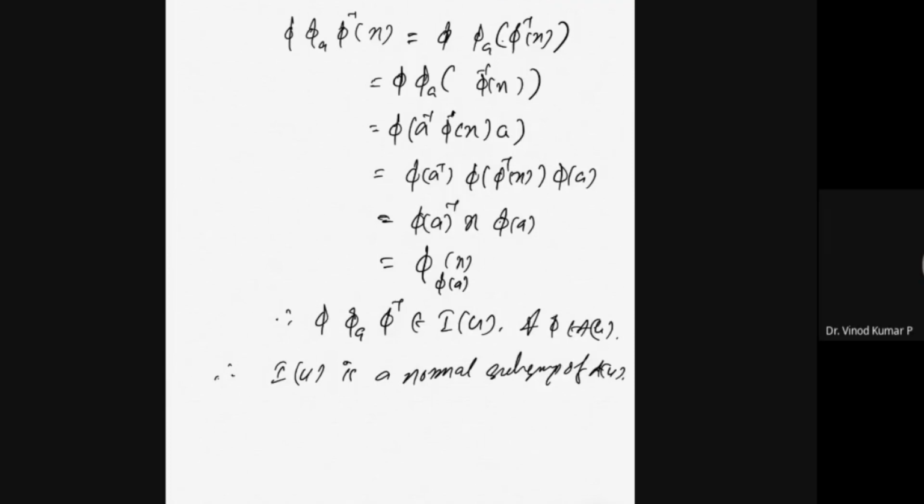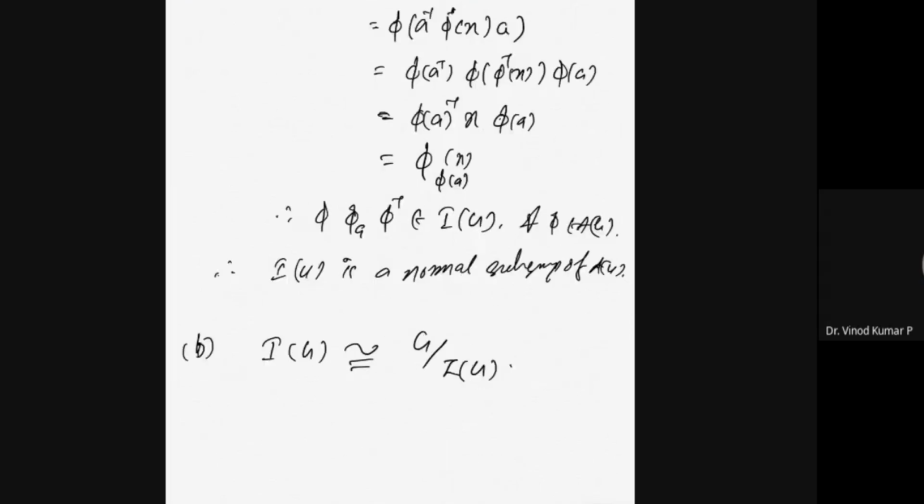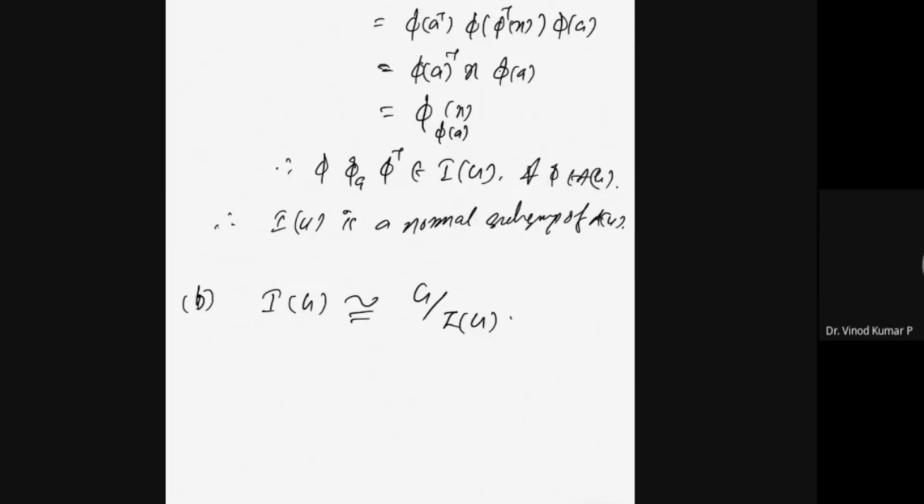So part B says to show I of G is isomorphic to G by center of G. I hope you are familiar with the center of G. Center of G is the set of all elements that commute with all other elements of G, and we want to define a map from I of G to G by Z of G. There are many ways to do that.